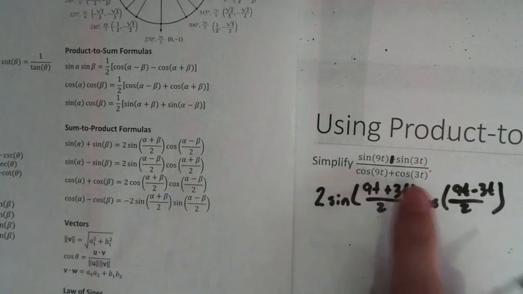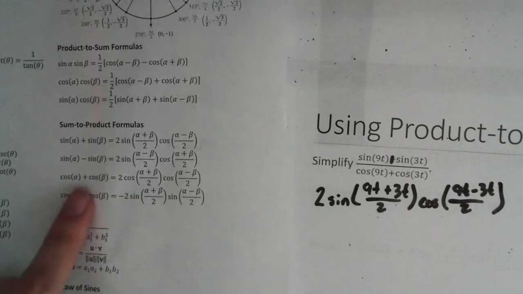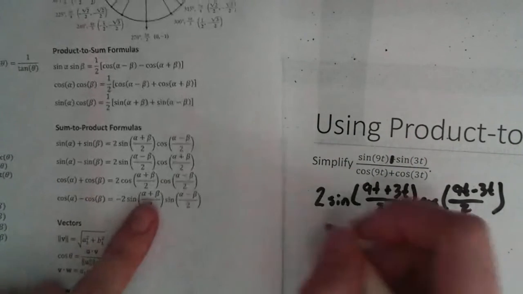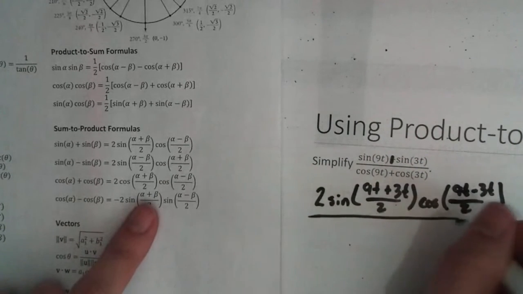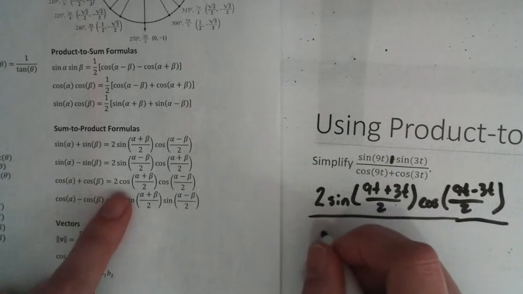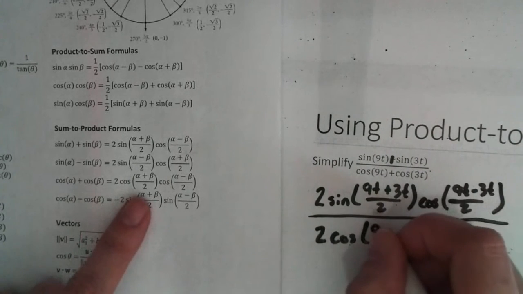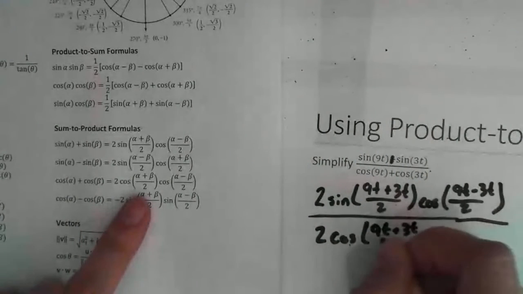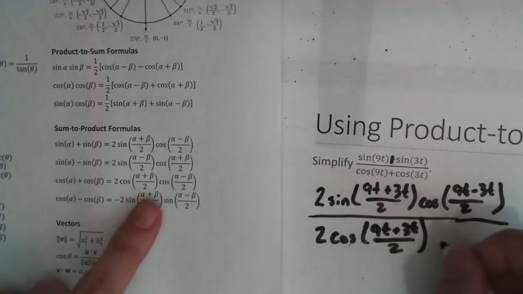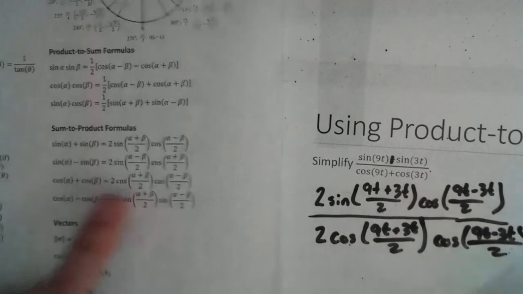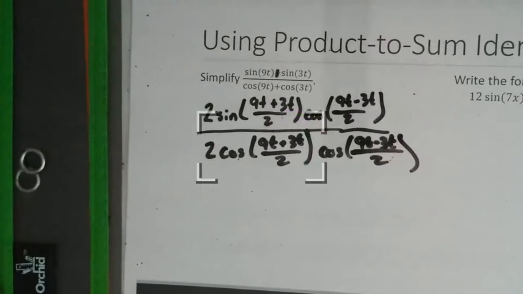My denominator is cosine plus cosine. That's this one. So plugging that in, I have 2 times the cosine of, add the angles together and divide by 2, times the cosine of, subtract the angles and divide by 2. That looks super gross, yucky, nasty.